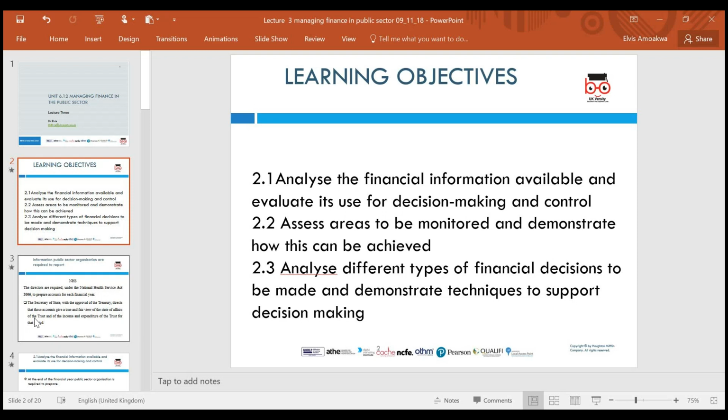As I said, I'm going to give you a template structure that you're going to use for the assignment. You have the introduction, the body of the essay, and the conclusion, with the assessment criteria like 1.1, 1.2, 2.1, 2.2, 2.3 as subheadings within the body of the essay. If you have any question, please ask me.